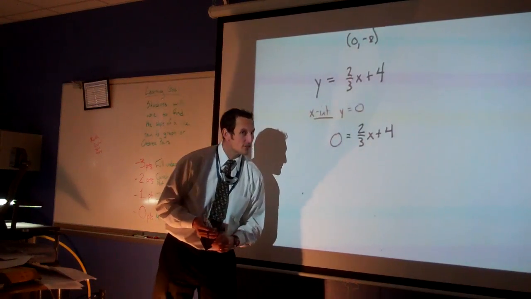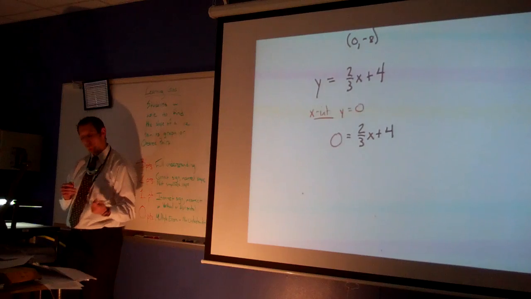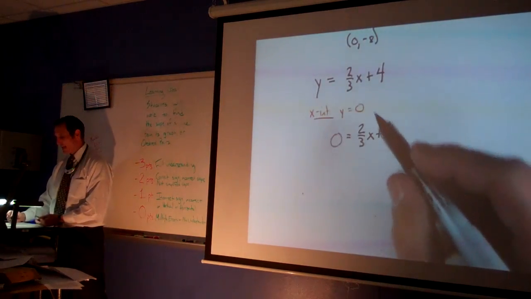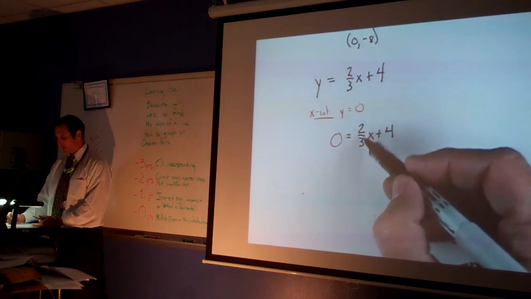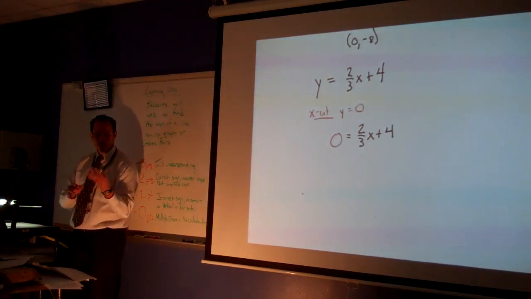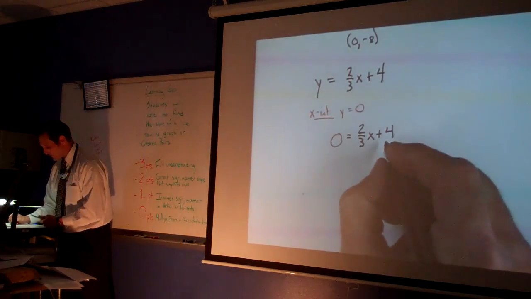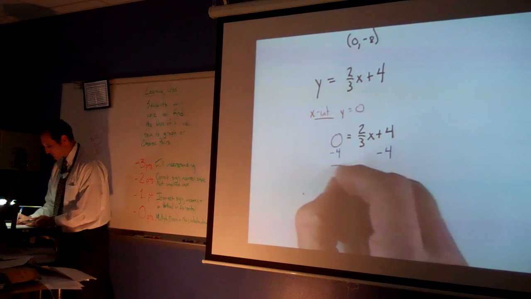So we still substitute 0 for y. We still need to solve for x. So we still have to undo what's happening to the x. What's happening to it? Multiplying by 2 and dividing by 3, then adding 4. So we undo all of those in the backwards order. We undo adding 4 with subtracting 4.